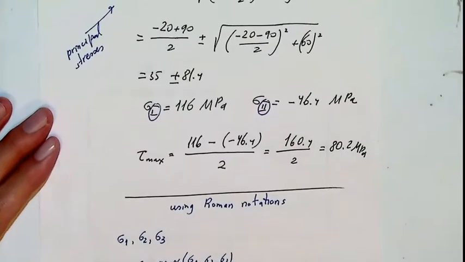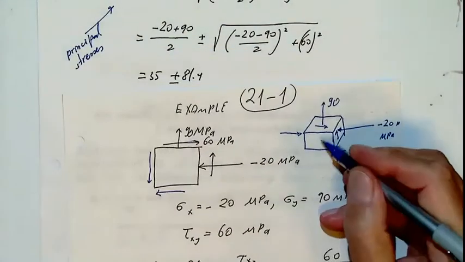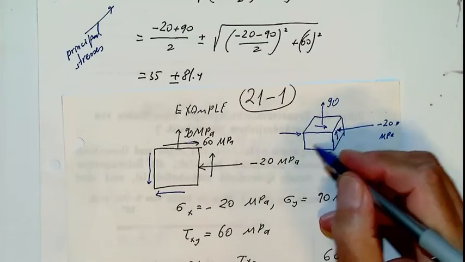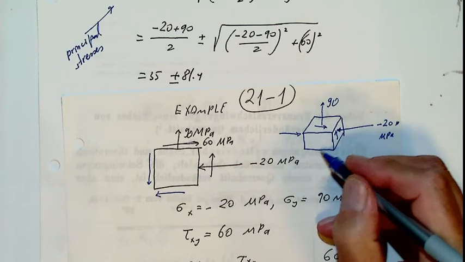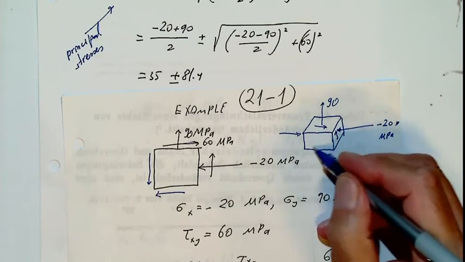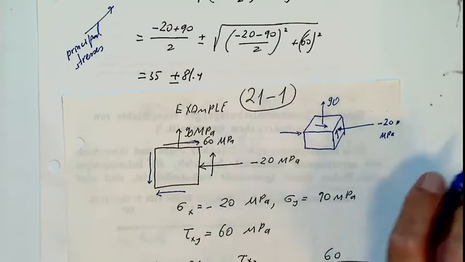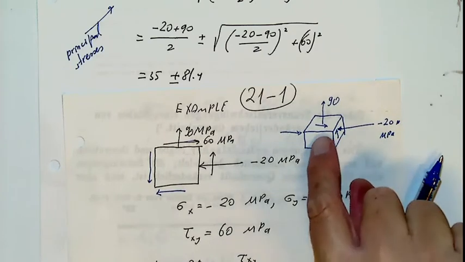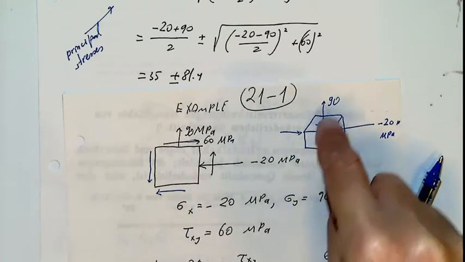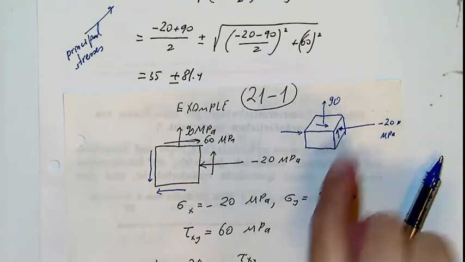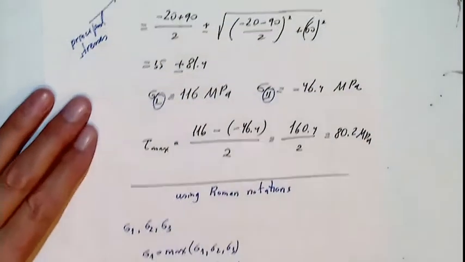Now, look please. This face does not have any stress, so the stress in this direction is 0. So this is one of the principal planes, and we are looking at the other principal directions.